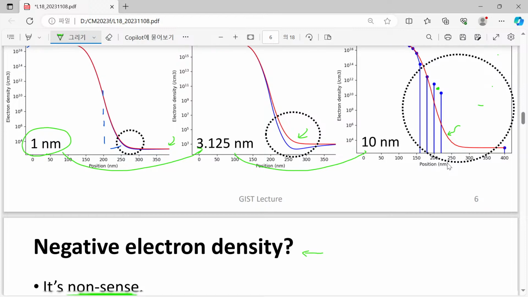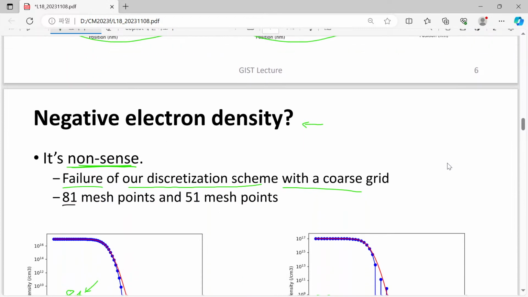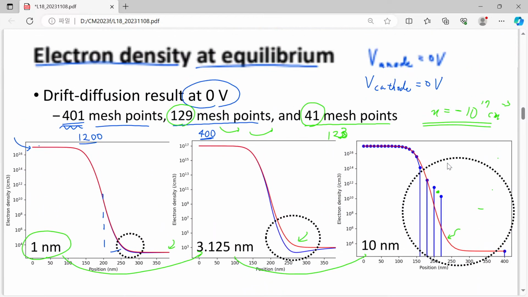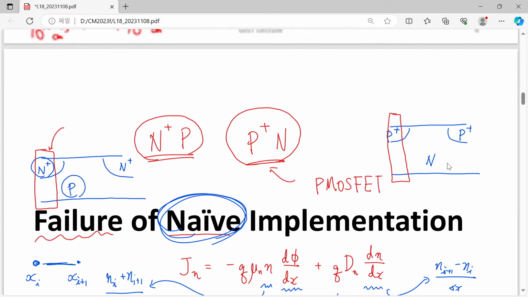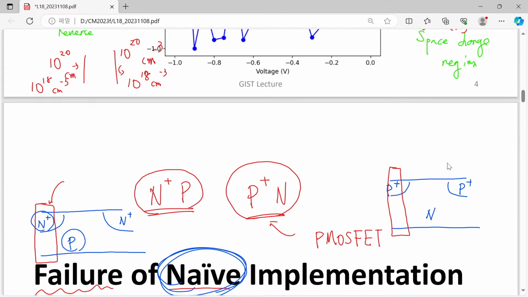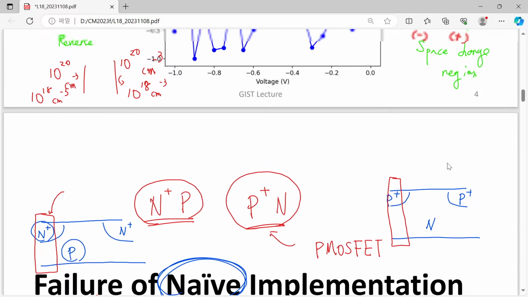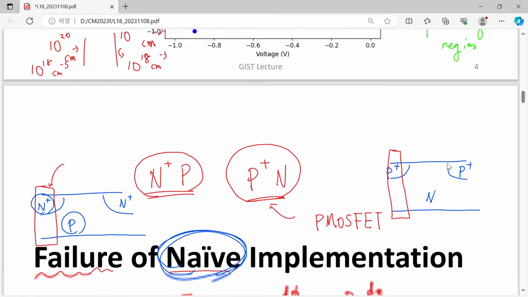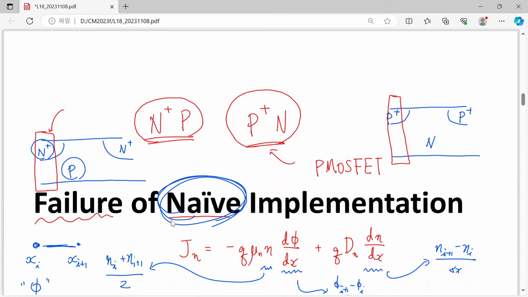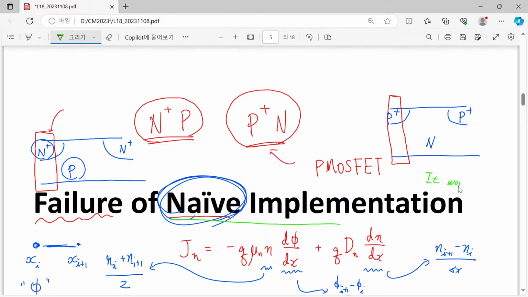Okay, my original plan was to cover all of the lecture material, but today was just devoted to motivating you to find out a new scheme. Simply speaking, our previous naive implementation works. I don't say that it is completely a failure.